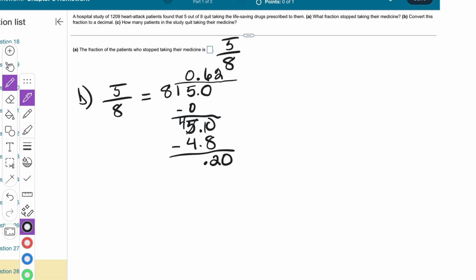We add another 0. 8 into 20 is 2 times. 0.02 times 8 would be 0.16. And then we subtract, we got to borrow again. So we get 0.04. And then 8 goes into 40, or should we say 0.04.